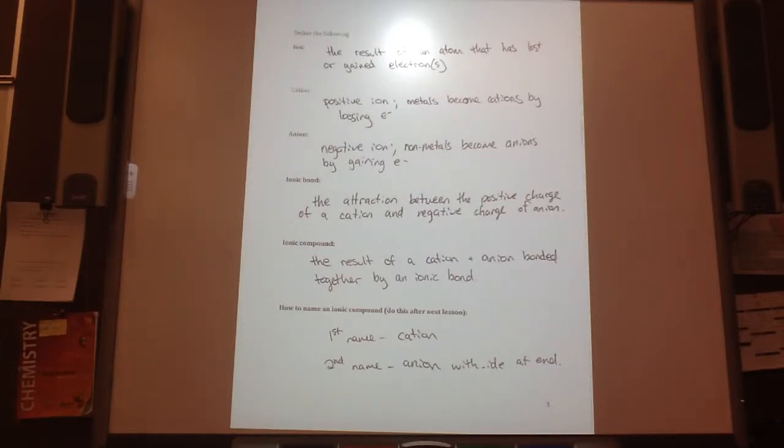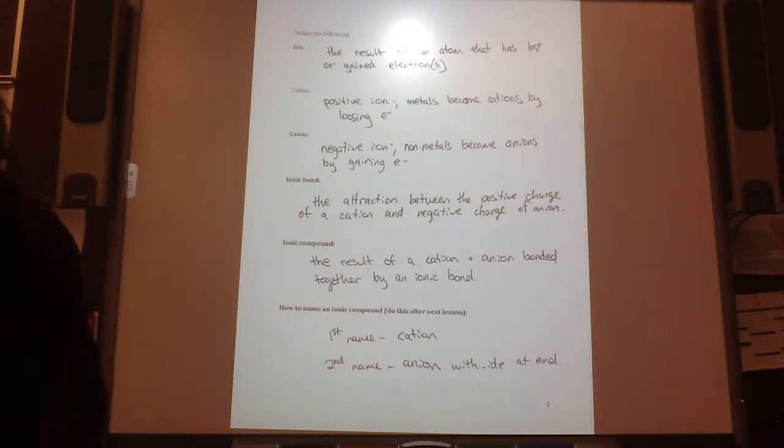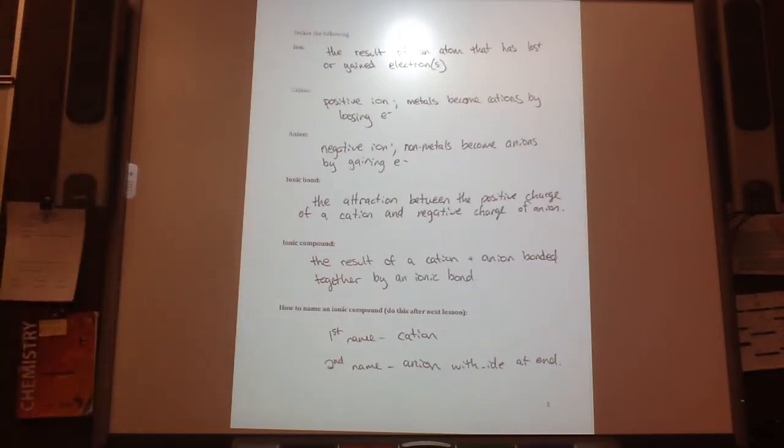Okay, so an ion. What is an ion? It's the result of a neutral atom either giving away or taking electrons. So it's what happens after an atom has given away or taken electrons. What else did you guys have?